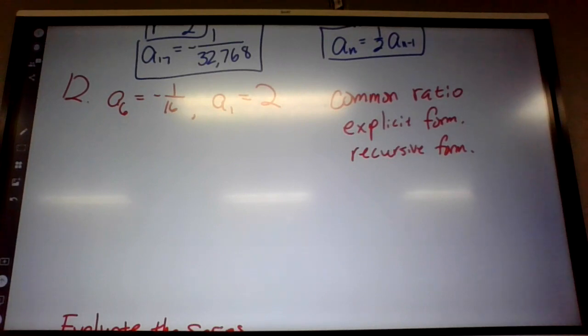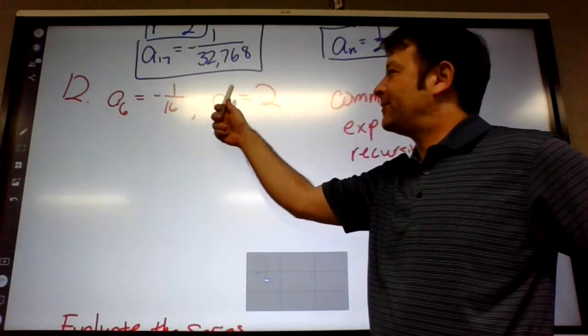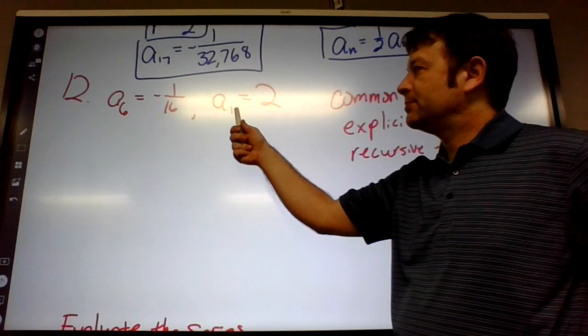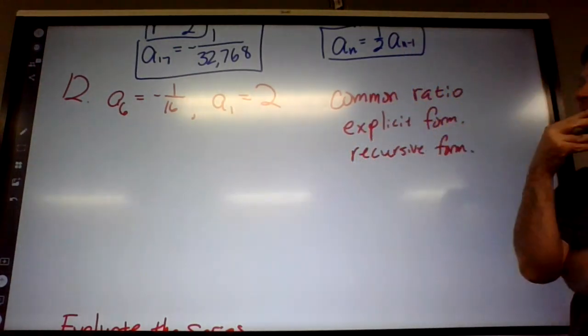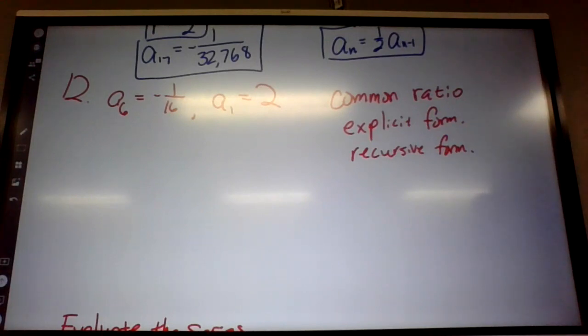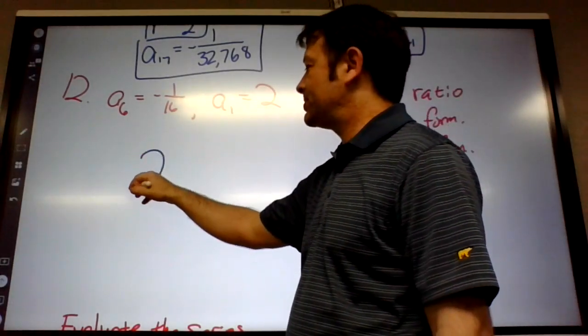Okay, I feel like this is one of the hard ones. How do we find the common ratio? It only gives us the sixth and the first term. What are they multiplying by? Well, okay. 2 is being multiplied by something, right?